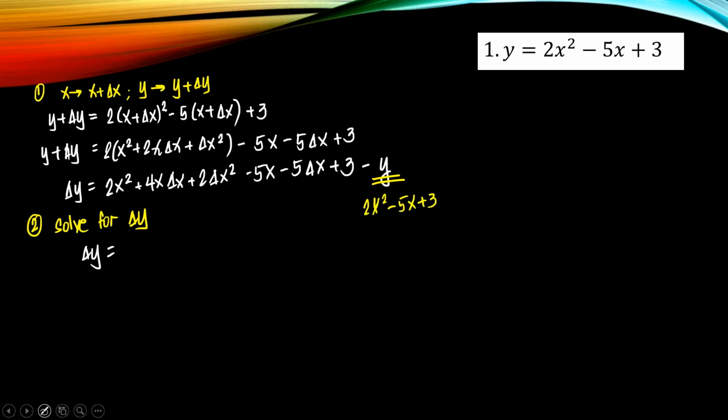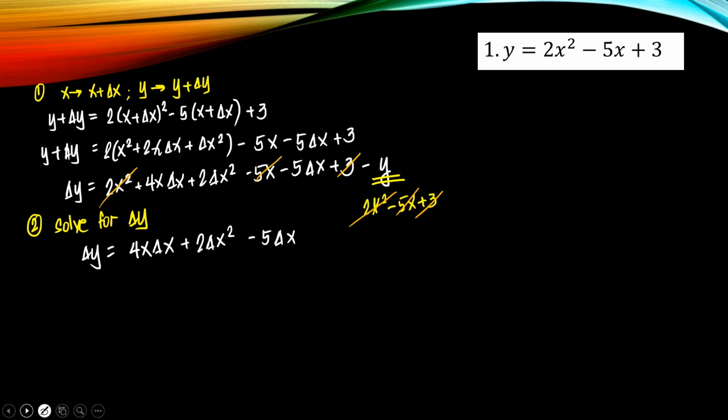So that means here, 2x squared and 2x squared cancel out. Negative 5x and the 5x cancel out. The 3 and the 3 cancel out. Right? So the solved delta y is then 4x delta x plus 2 delta x squared minus 5 delta x.